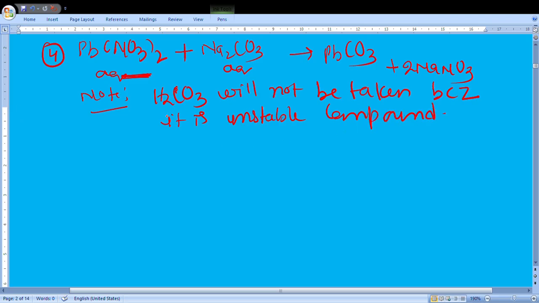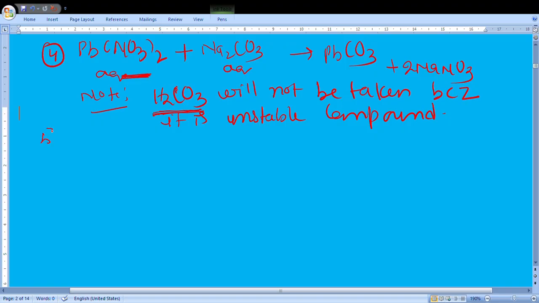So you can't take H2CO3. This is carbonic acid, which is a very weak acid. It exists only under high pressure. So normally it is an unstable compound. It will get decomposed into CO2 and water. That's why we cannot take this one.